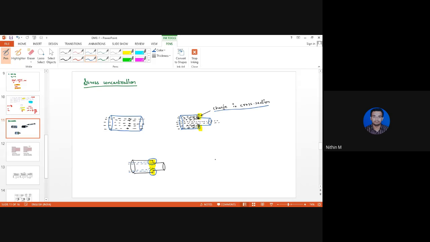Typically, assume that this component is subjected to tension, right?